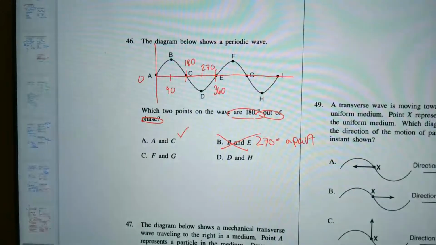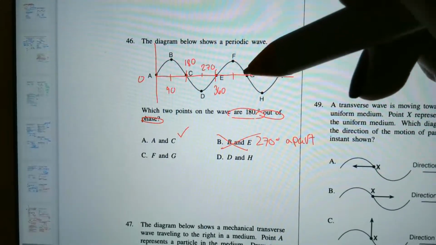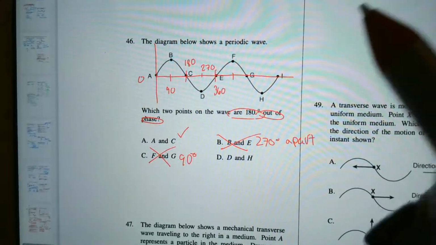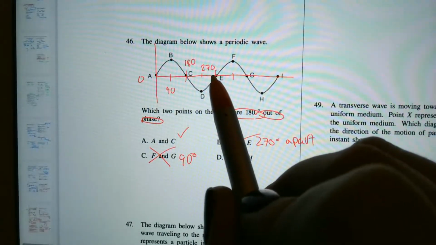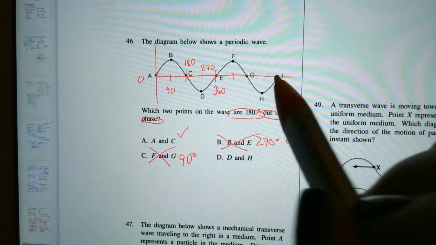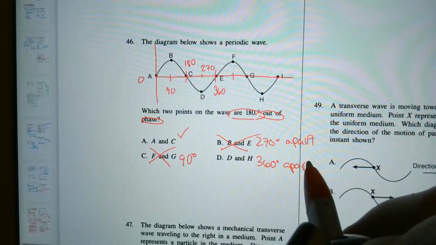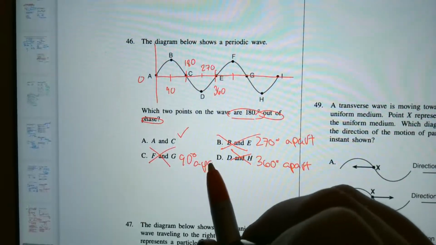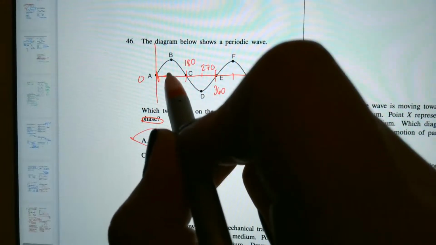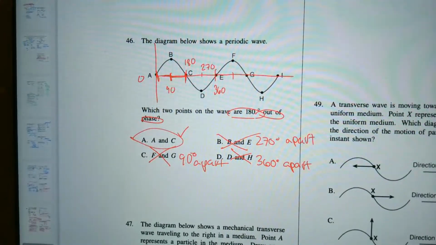F and G are actually 90 degrees apart, so again, these are no good. And D and H. So 90, 90, 90, 90. That's actually 360 degrees apart, and so obviously, that is not good. Okay, so again, A and C, we see it's from 0 to 90, and then 90 to 180. That's 180 degrees apart for you.